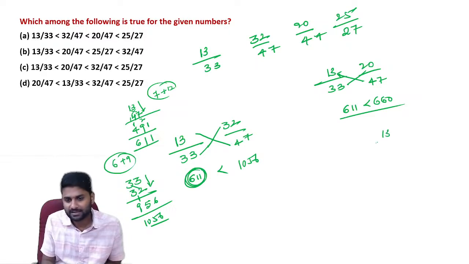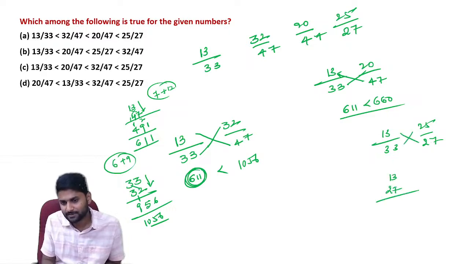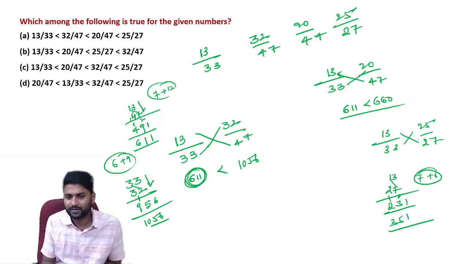Now finally again 13 by 33 and 25 by 27. Again multiply. Cross multiply them. 27 into 13. 7 into 3. Now 2 into 1 is equal to 2. 7 into 1. 3 2s are 6, 13. And 7 into 3, 21. 351. So if you multiply it, it is 351.